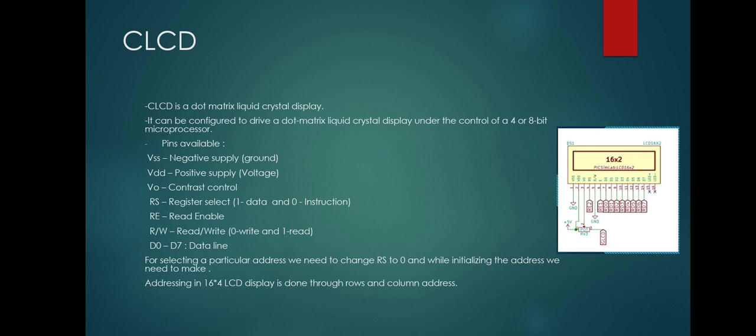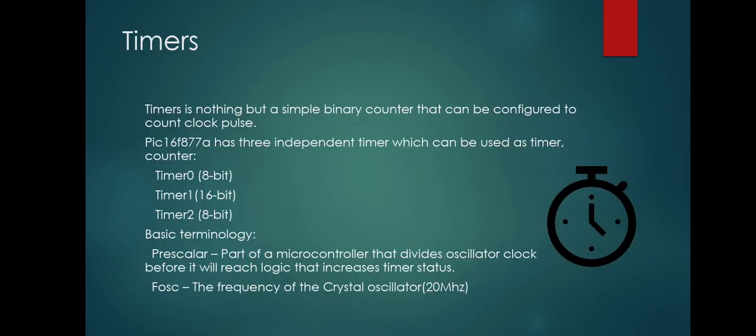Coming to the next, it is timers. A timer is nothing but a simple binary counter that can be configured to count clock pulses. PIC 16F877A has three different independent timers which can be used as timer or counter.